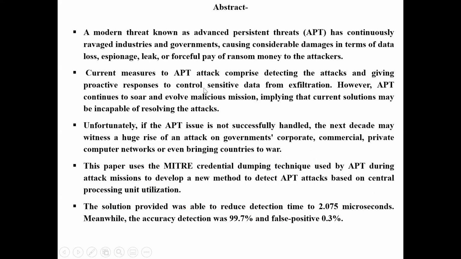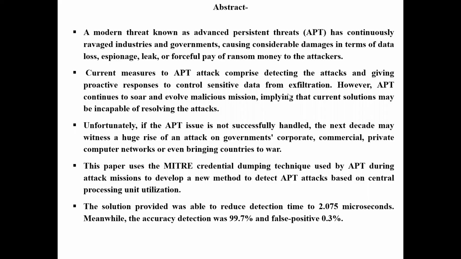The modern threat known as advanced persistent threat is a very dangerous group sponsored by governments to attack other governments for sabotage or espionage. The current measures against APT attacks comprise detecting the attacks and giving proactive responses to protect sensitive data from exfiltration.